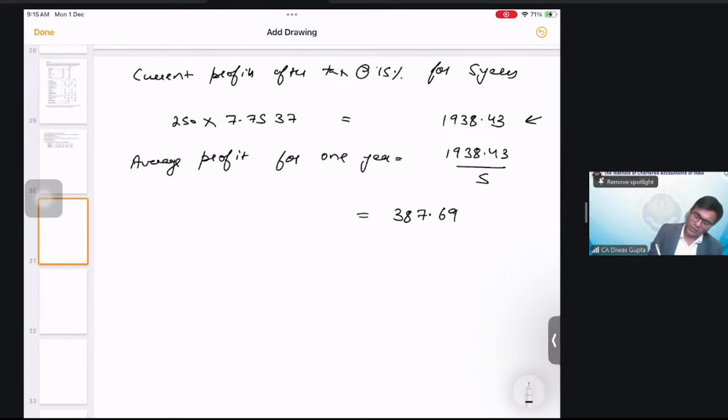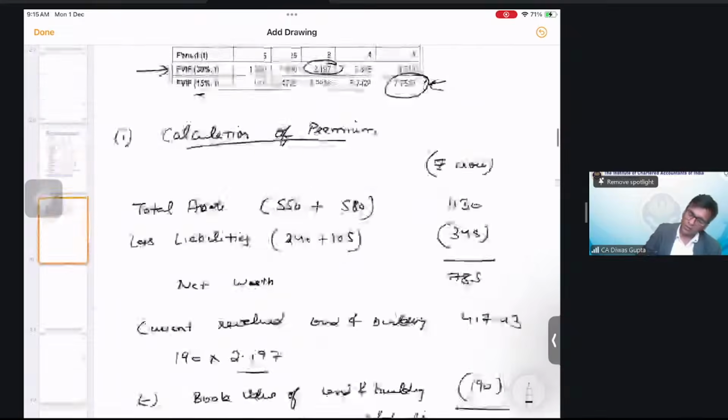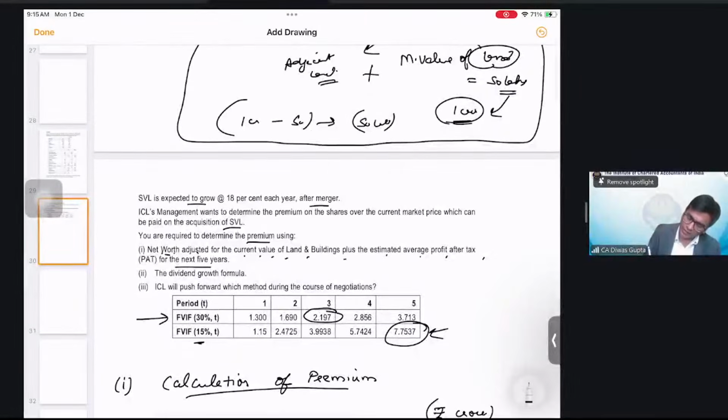So the total value of the firm will be how much? If you see, it is net worth adjusted for the current value of land and buildings plus the estimated average profit after tax for the next 5 years. You see the interpretation of this now? Correct? So first of all we have taken the book value net worth.